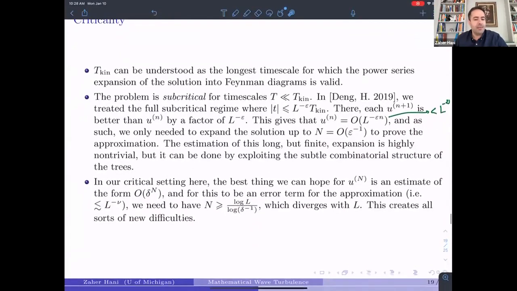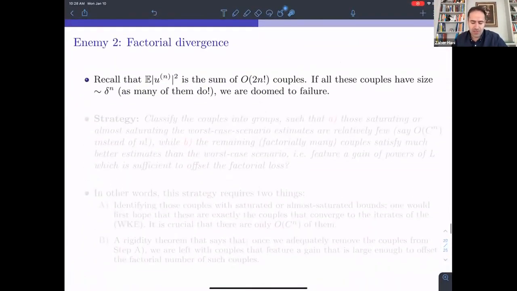Particularly, the main difficulty it creates is this factorial divergence that we talked about. So recall that, as I told you before, the expected value of u_n squared was written as a sum over couples, but it was a sum over factorial number of couples, where n is the order of the expansion, which was also the number of branching nodes in the trees.